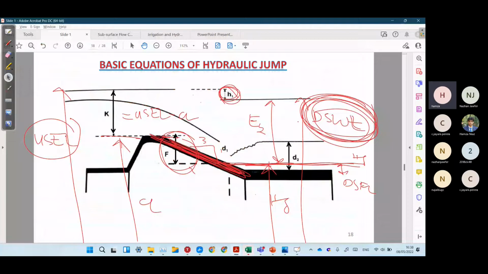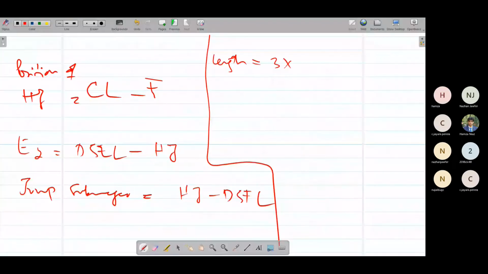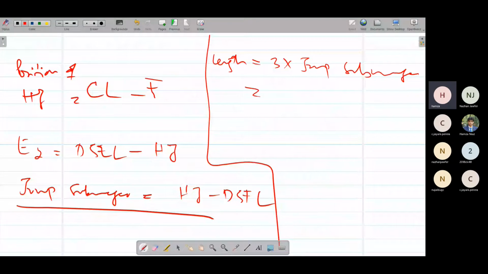This is the jump submergence. If we multiply this jump submergence with 3, we'll get the length of downstream glacis. So simply multiply this value with 3. We are assuming the downstream slope is 3.